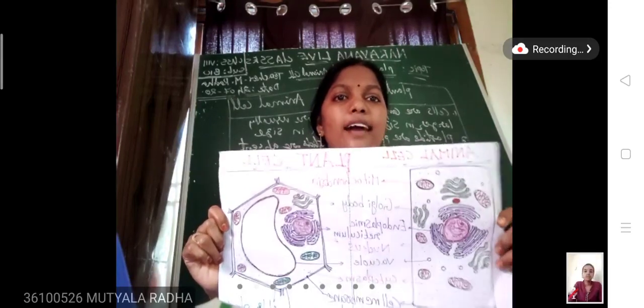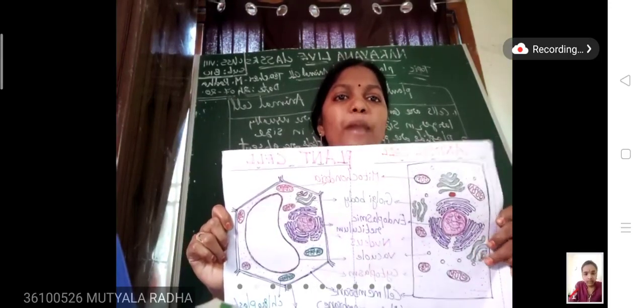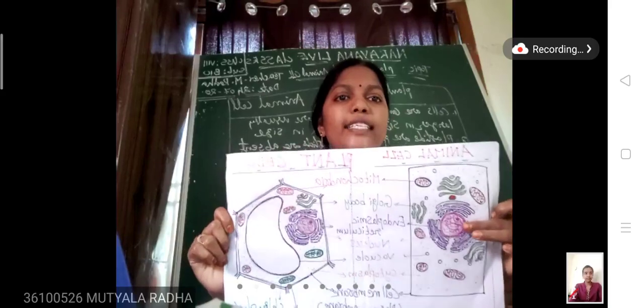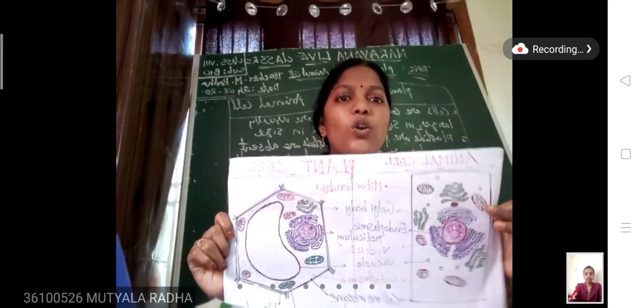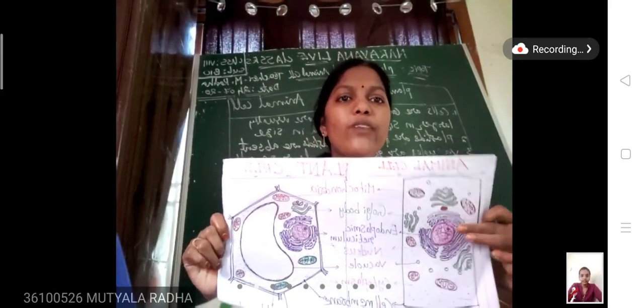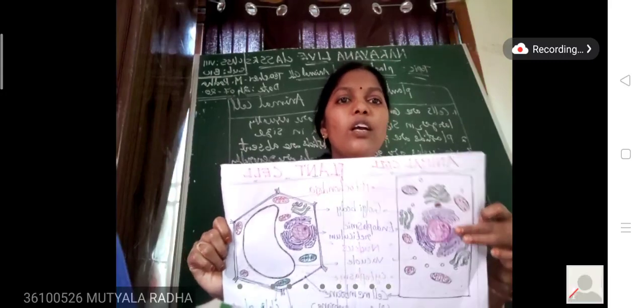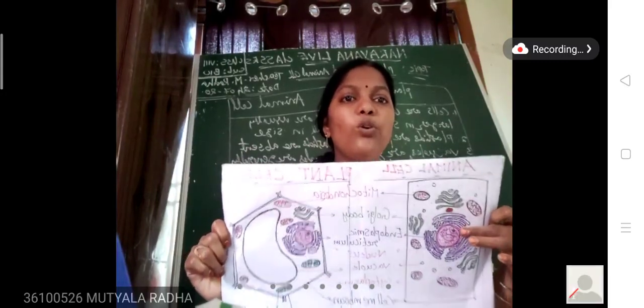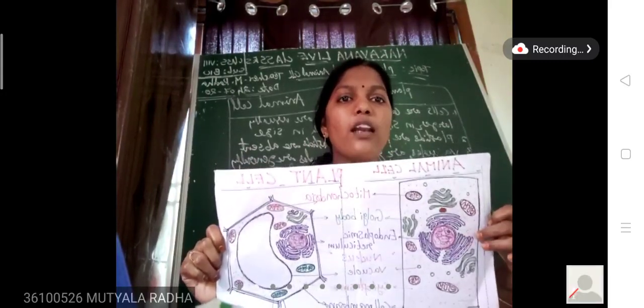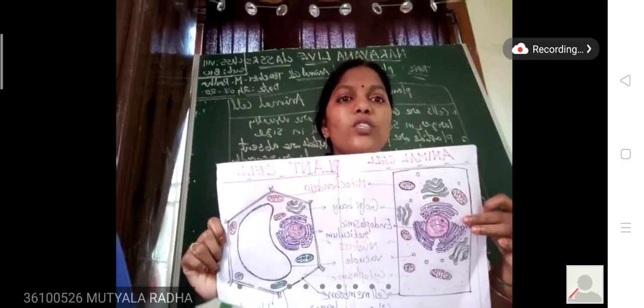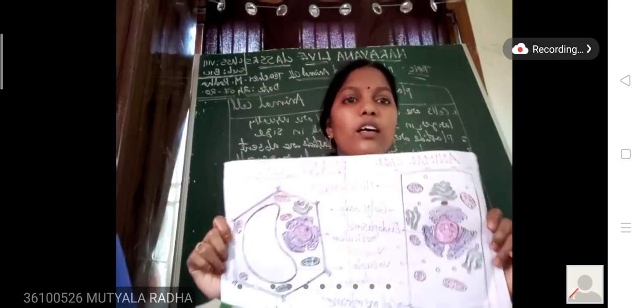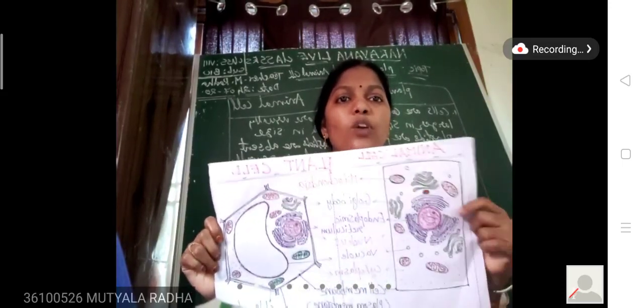These cell organelles are present in the cytoplasm. The nucleus controls all cell organelles. That's why the nucleus is called the control room of the cell.